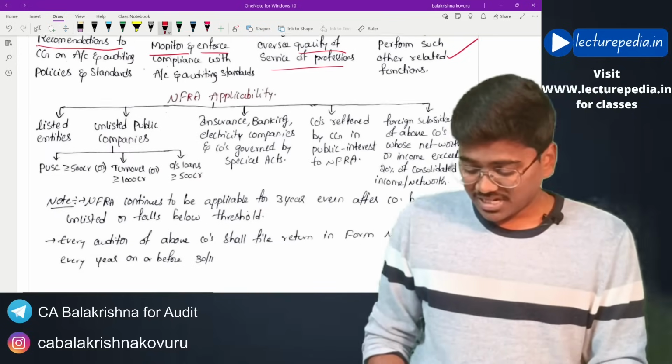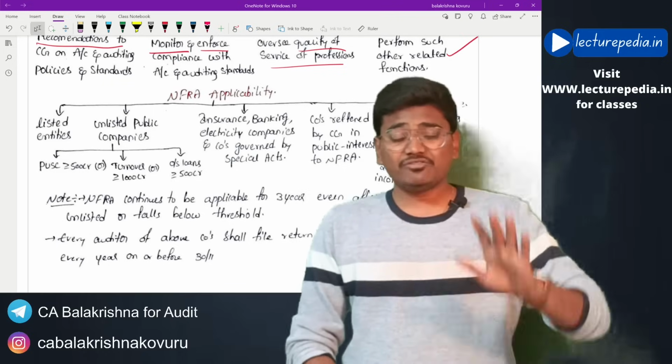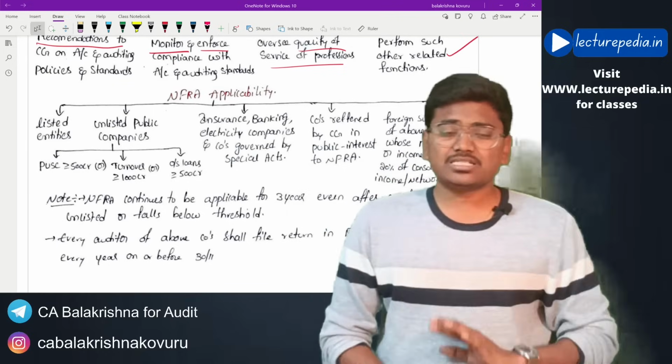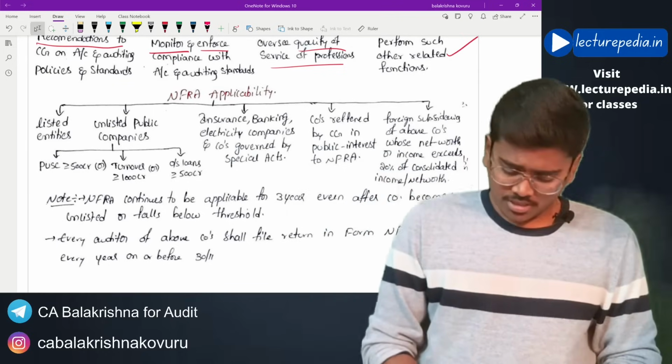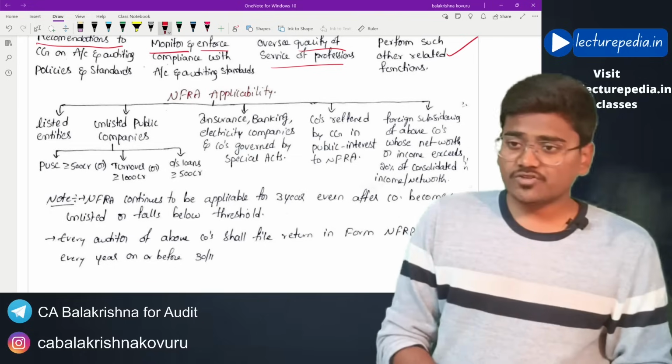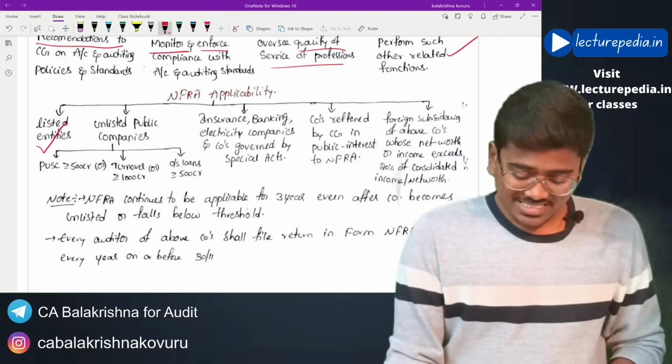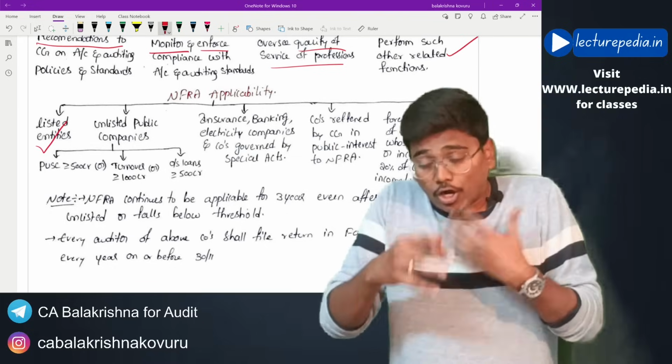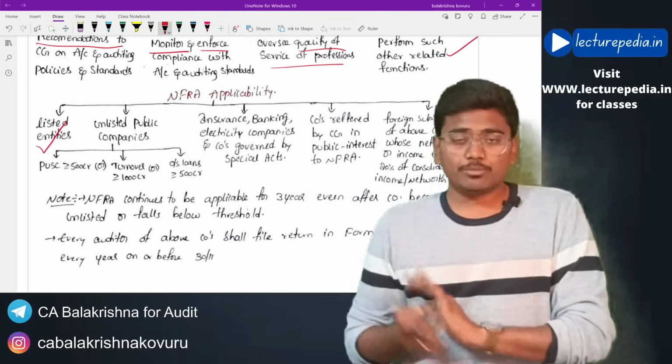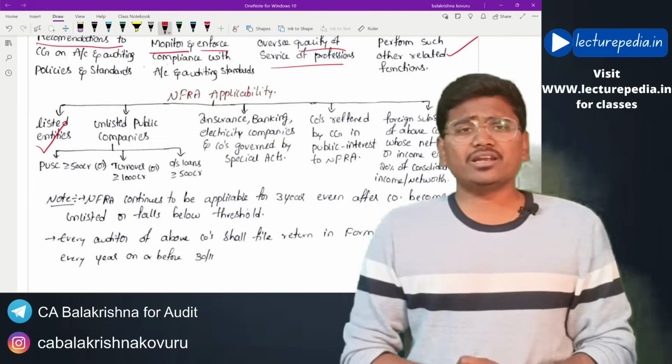Now this NFRA is not applicable to all the companies. Only for certain large companies this NFRA is applicable. What are those companies for which NFRA is applicable? First of all, listed entities. That means for auditors of all these companies, NFRA will be applicable for all the listed entities.